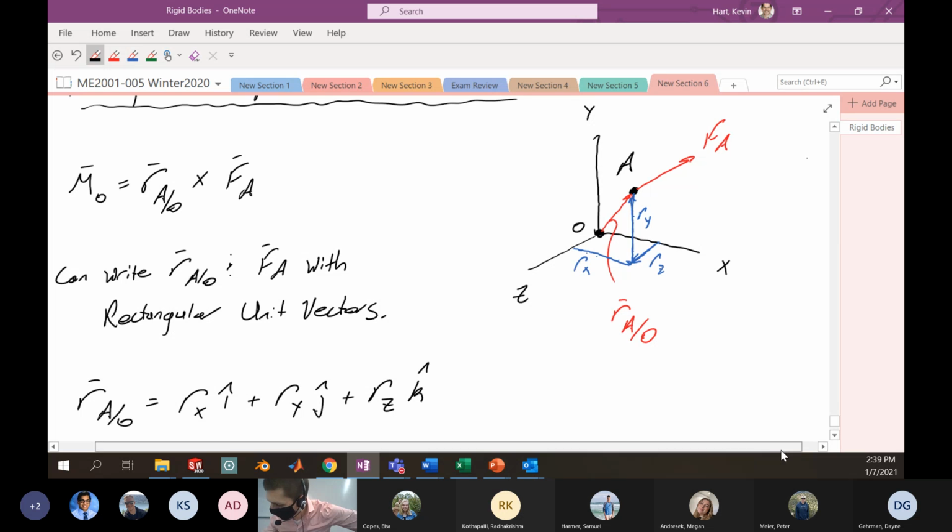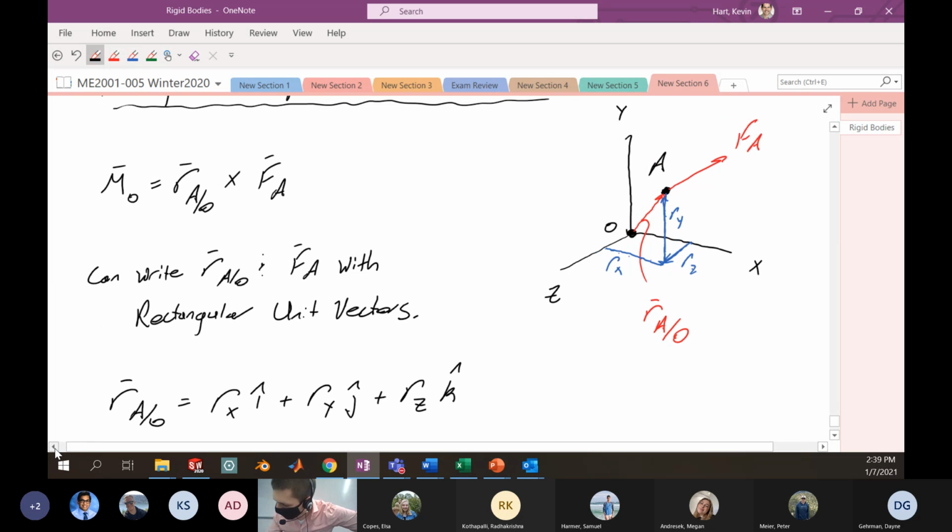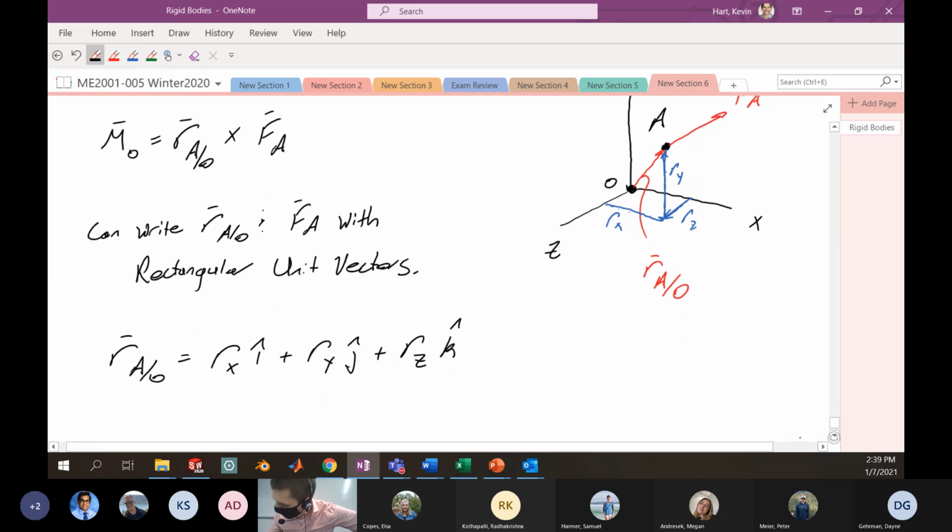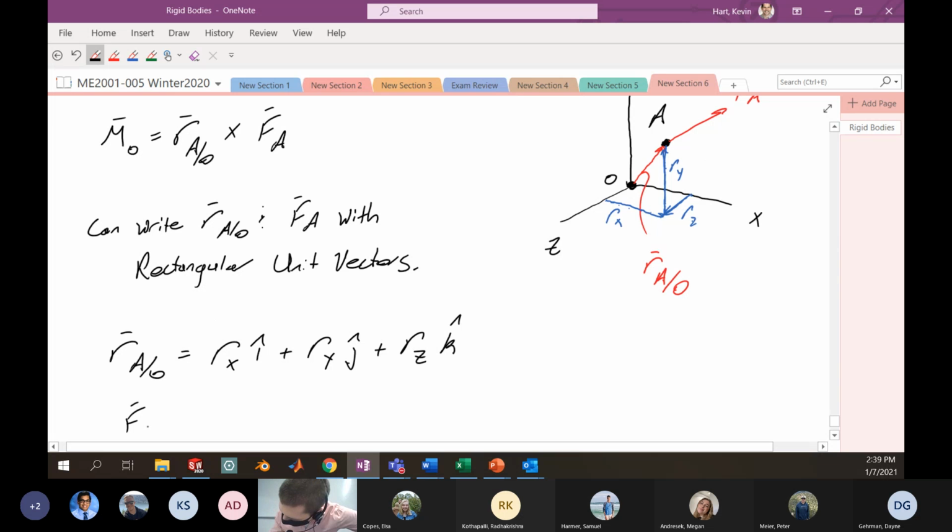All right. Now we can also do the same with the force vector. My force at A is something like FAx i hat plus FAy j hat plus FAz k hat, right? Get your facts straight. I can resolve that particular force into its rectangular components.